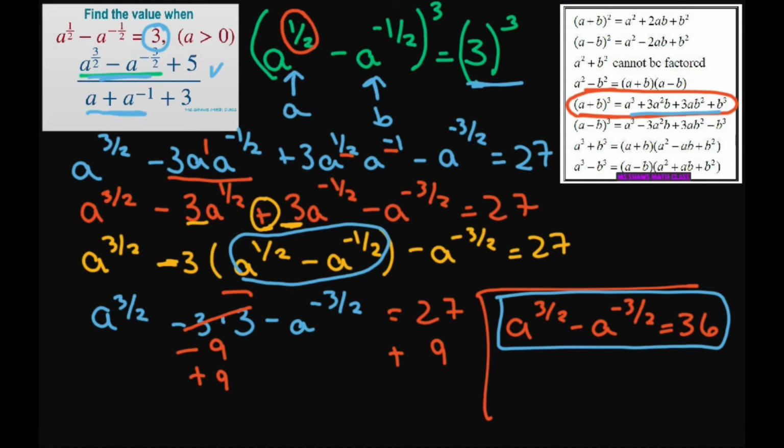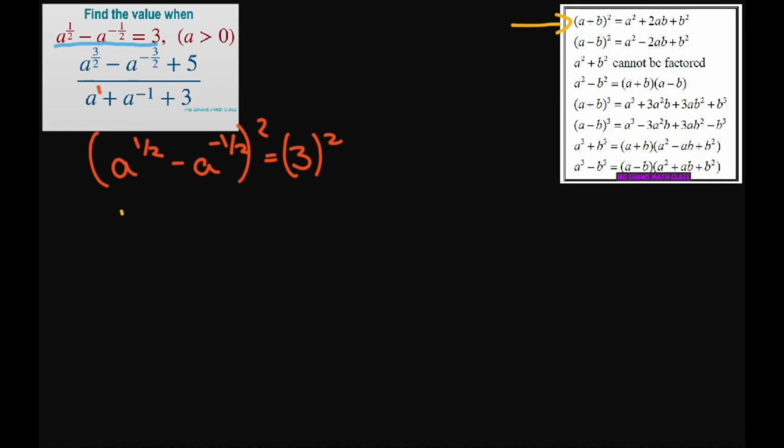Now let's deal with our denominator. For our denominator, we're going to take this and square it, because we have it to the first power there. So if a to the power of 1/2 minus a to the power of negative 1/2 equals 3, then you square both sides. This time we're using the perfect square trinomial.